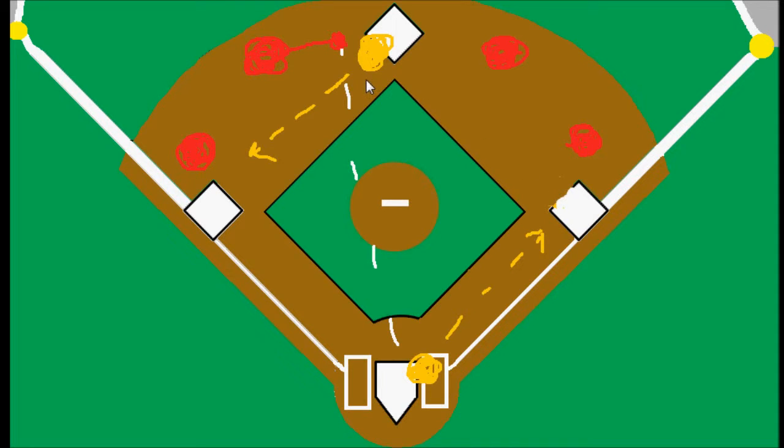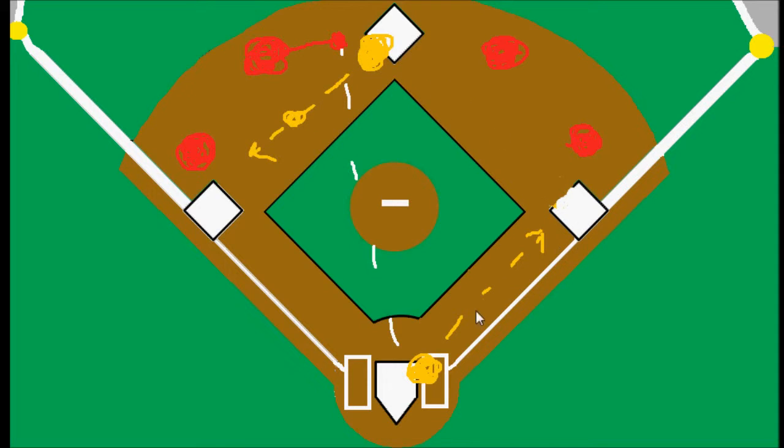That means there is no longer a force play on this runner. If the shortstop turns and sees that this guy's a slow runner, and we'll say he's only halfway, right here whenever the shortstop's touching second base, the shortstop's going to see that, and it's his option.